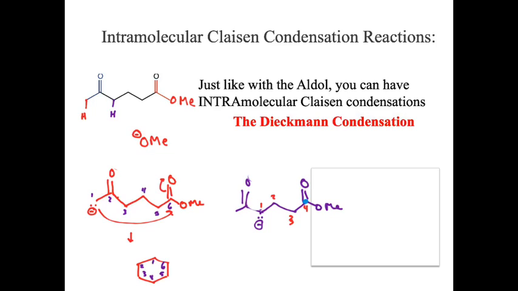At position 2, I have that carbonyl. At position 6, I have the O methyl and I have the O minus. What can happen? Electrons come back down, kick out the O methyl.